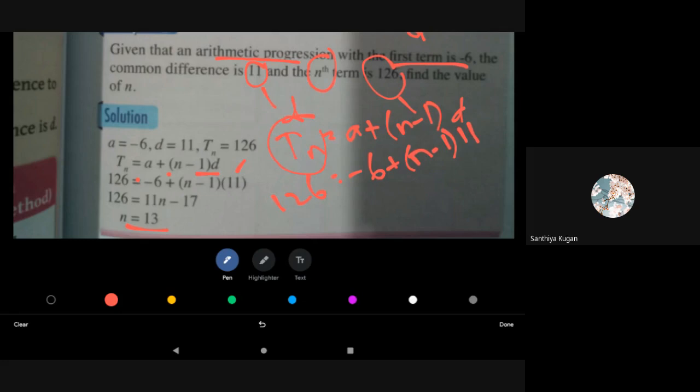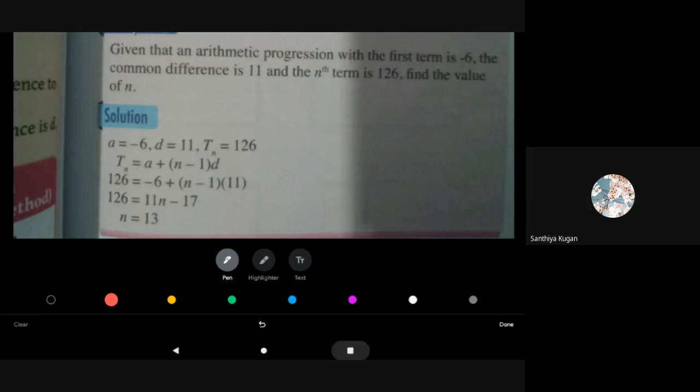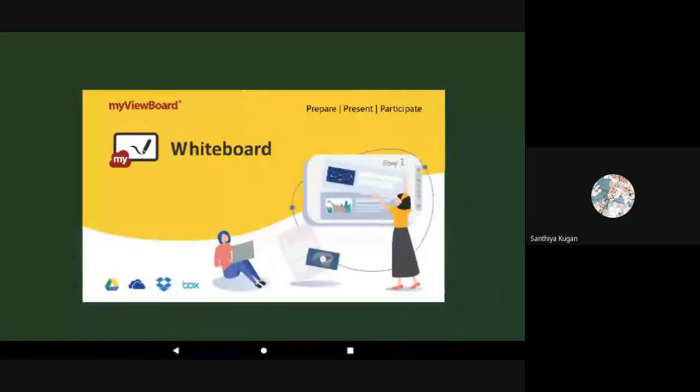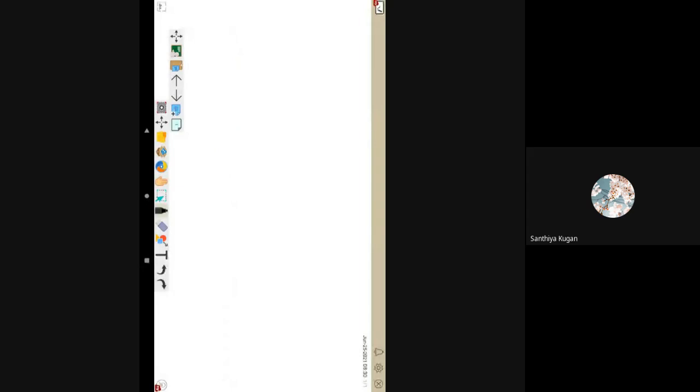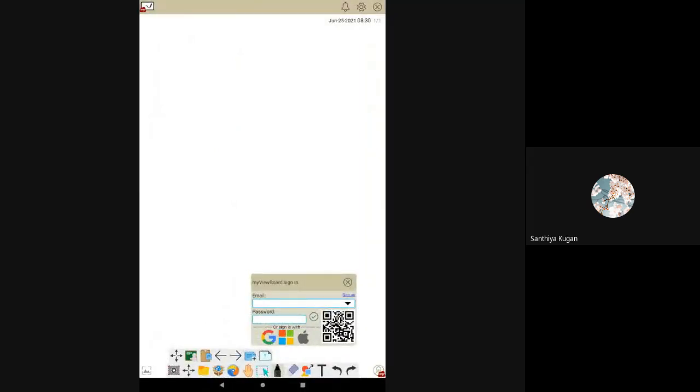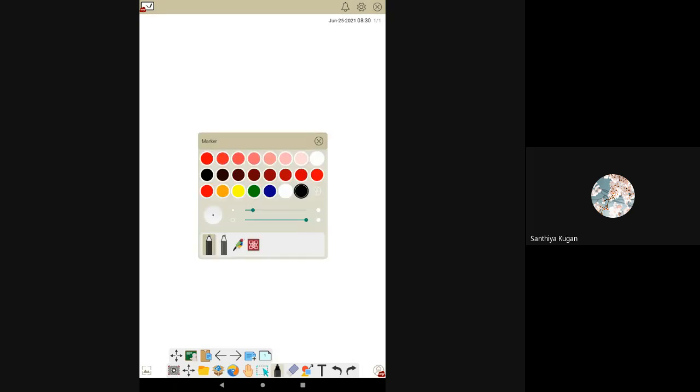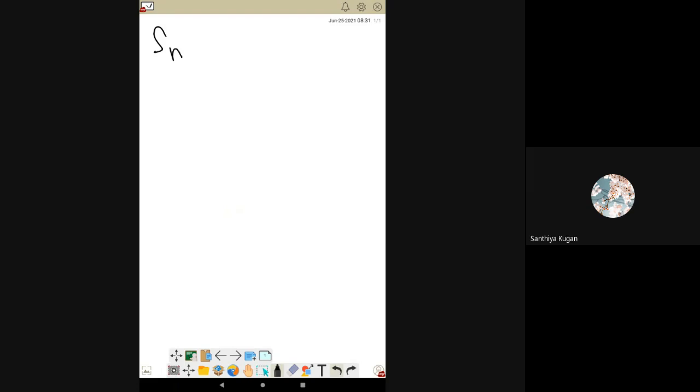So turn to page 138. In page 138, we have the sum of the first n terms, which we write as Sn, and then the formula given: Sn equals n over 2 times 2a plus n minus 1 d.